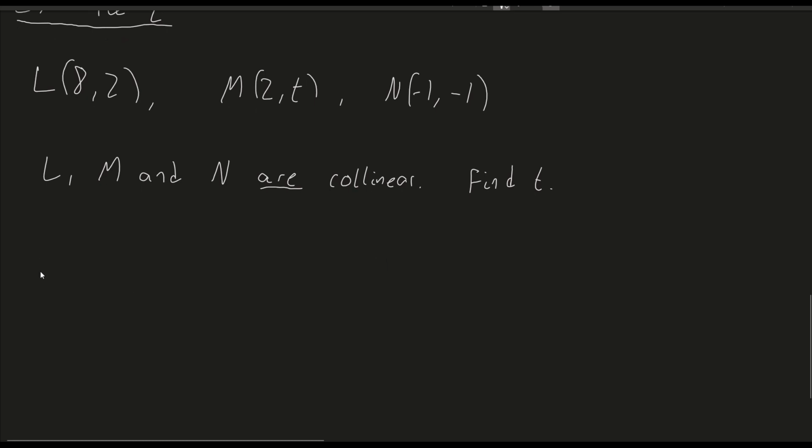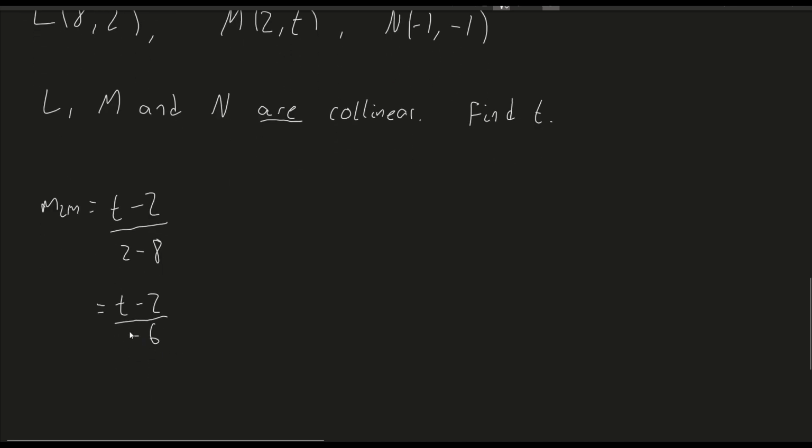So for LM, we will have y2 minus y1, which will be t minus 2, over x2 minus x1, which is 2 minus 8. And this simplifies to t minus 2 over minus 6.